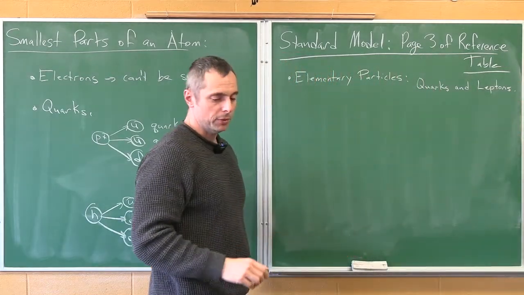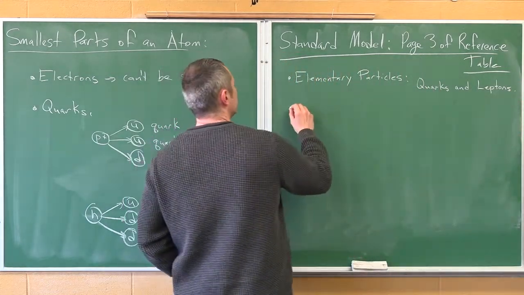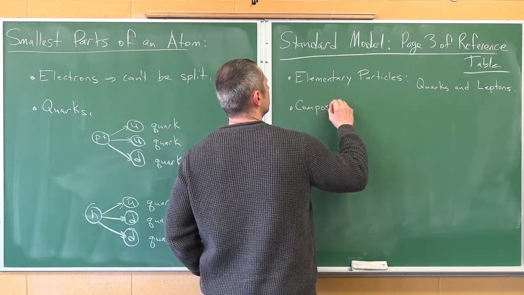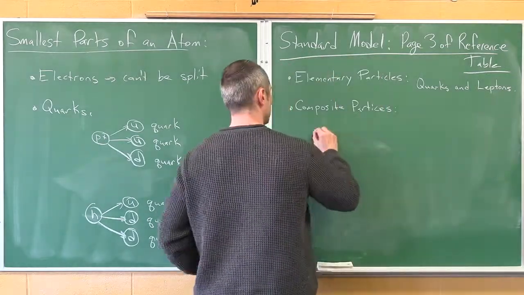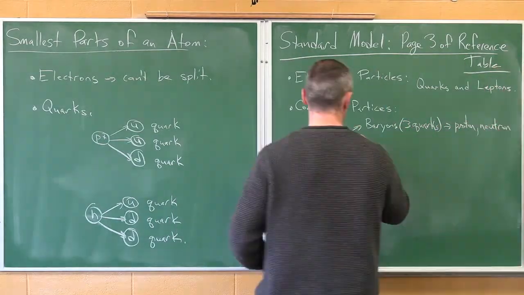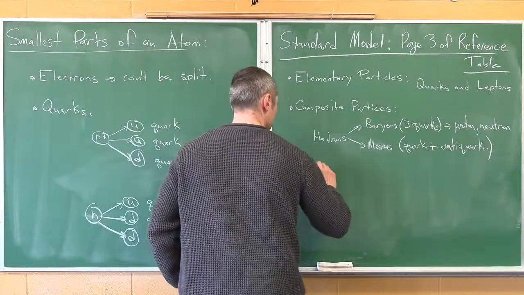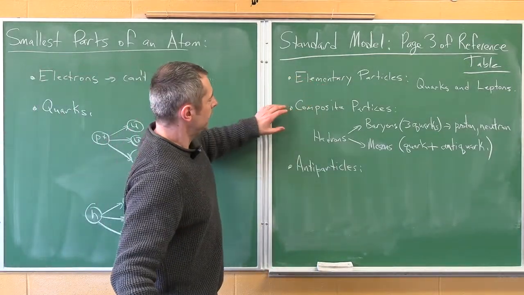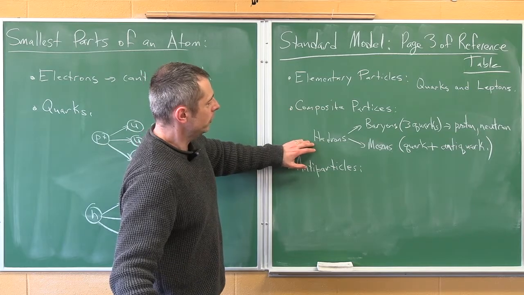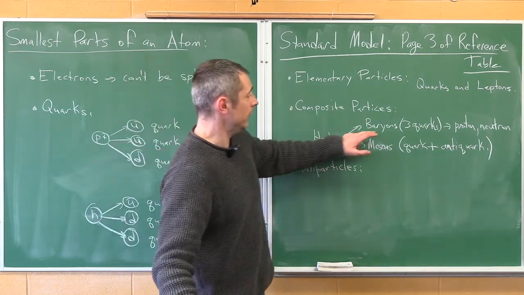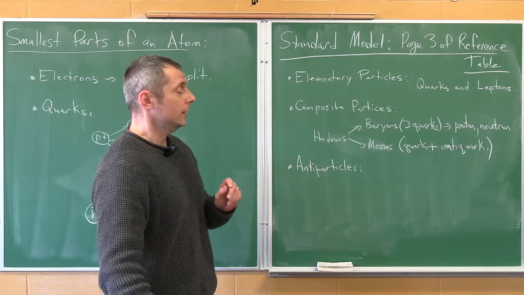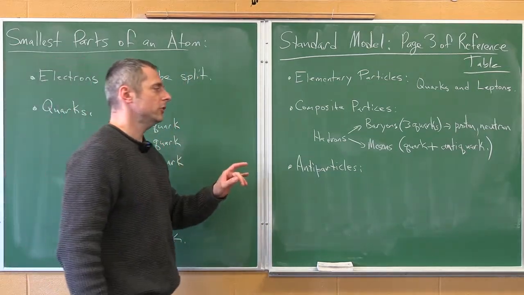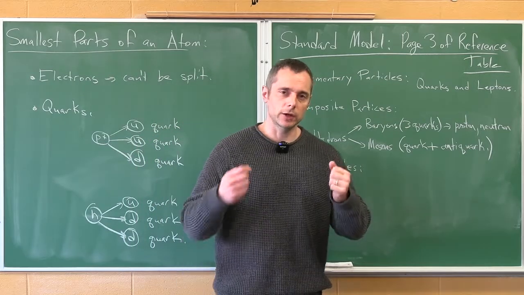The composite particles, in other words, the ones that are made of other pieces, are hadrons. Two kinds of hadrons: a baryon made of 3 quarks, like for example the proton and neutron over here. And then there's also mesons, which are made of a quark and an antiquark glued together with a strong force.